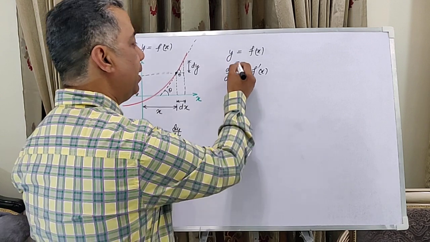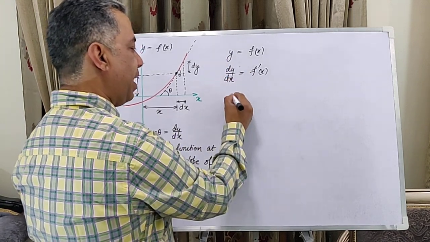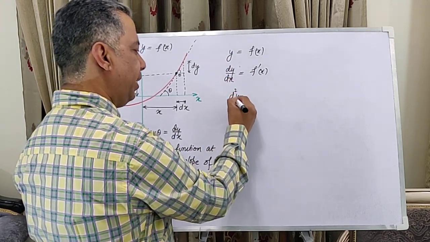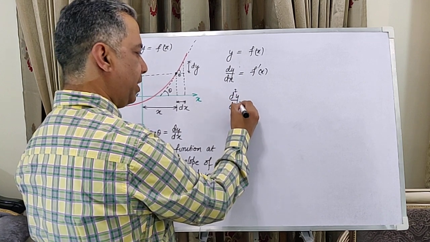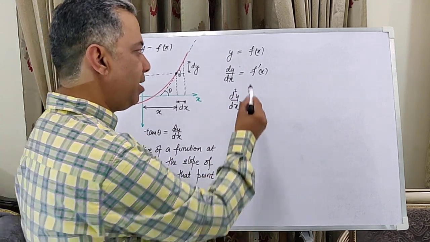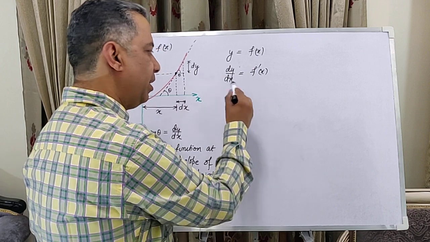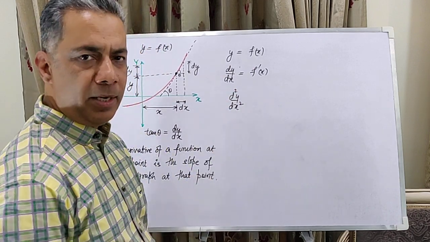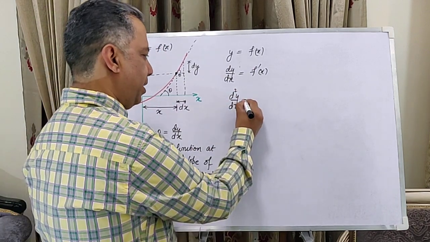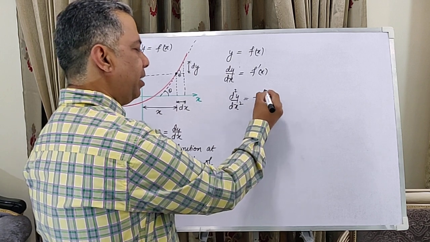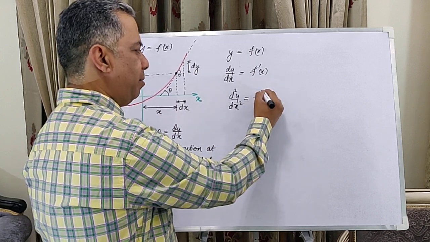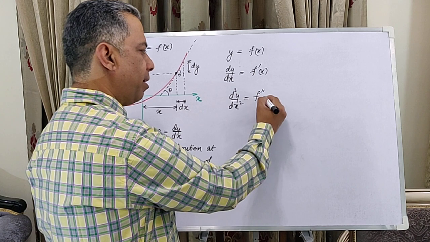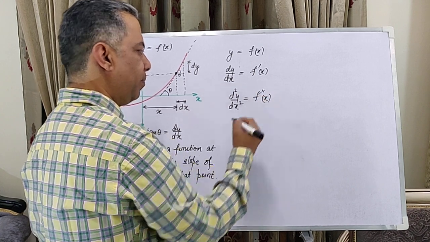The double derivative would be written as d square y by dx square. That's the notation. When you take a derivative of the derivative, it is represented by d square y by dx square. And in this notation we'll describe it as f double prime x.